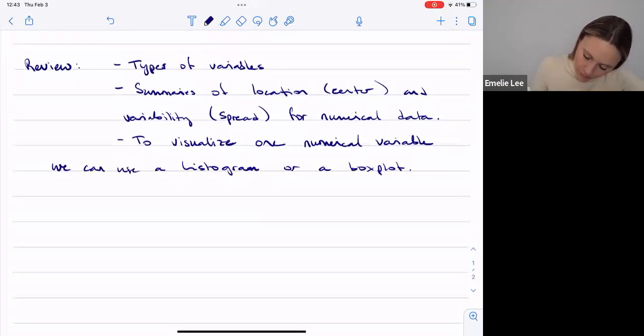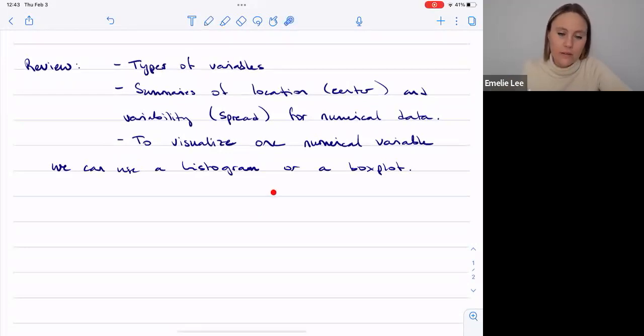Lagging there, but I think it's all caught up. Let me check. For some reason it's lagging a lot now, but that's okay. Let me know if it gets out of hand. I'll try to keep an eye on it. So to visualize one numerical variable, we can use a histogram or a box plot.